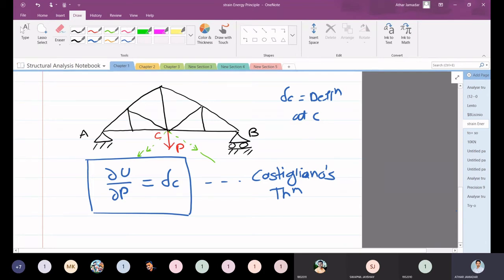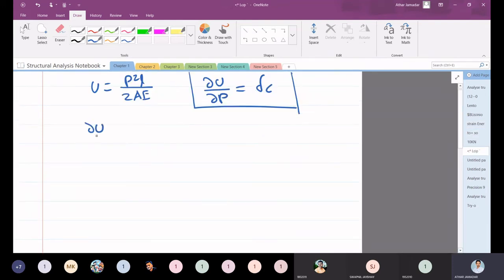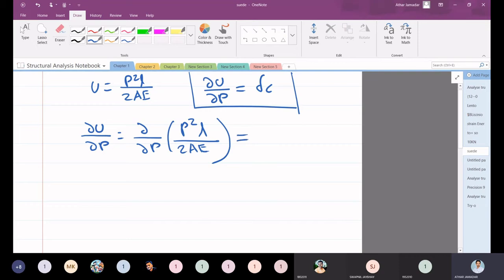Okay, so now we have the formula for U, that is strain energy. If you write down del U by del P, it is going to be del by del P of this entire equation, P square L upon 2AE. In this equation, 2AE is going to be constant because the area is not going to change, and the modulus of elasticity of the member is not going to change. So we can take it outside, and we will have only 1 upon 2AE.